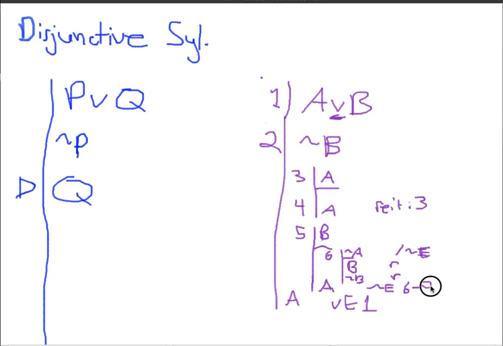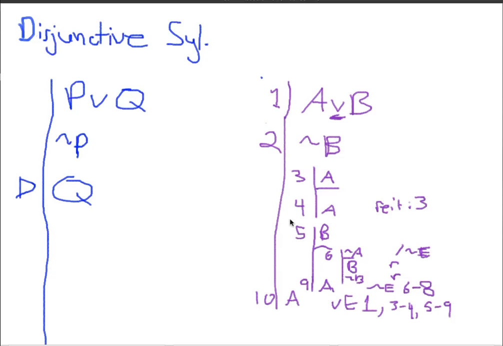So that would go up to line 8, this would be line 9, and then this would be line 10. Then we would have disjunction elimination, citing line 1, then 3 to 4, and then 5 to 9. So this is how we would have to do it, right?